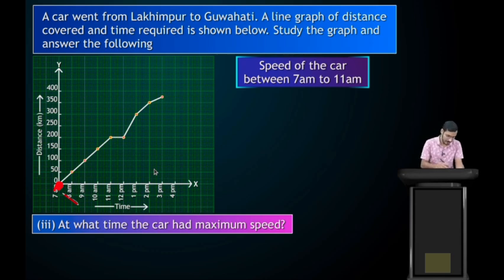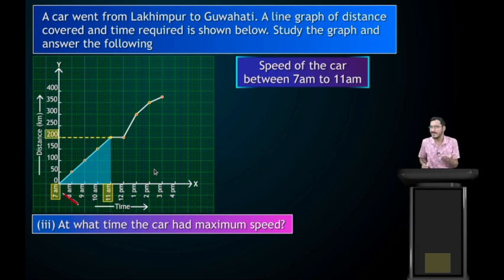At 11 a.m. there is uniform speed. A straight line means uniform, constant speed. So first we find the speed between 7 a.m. and 11 a.m. Can you tell me the formula of speed?